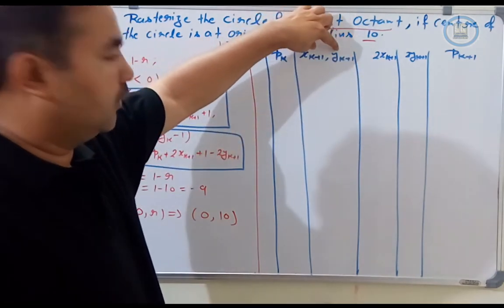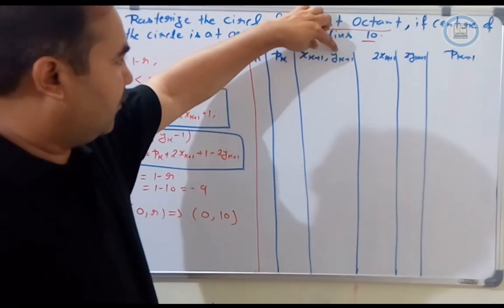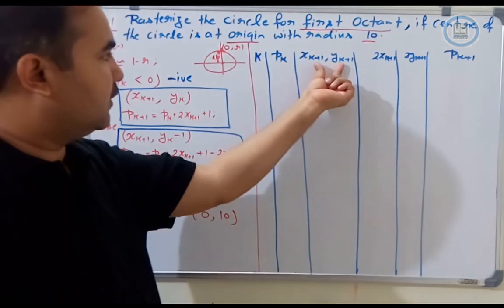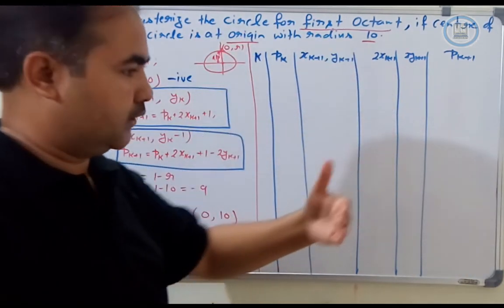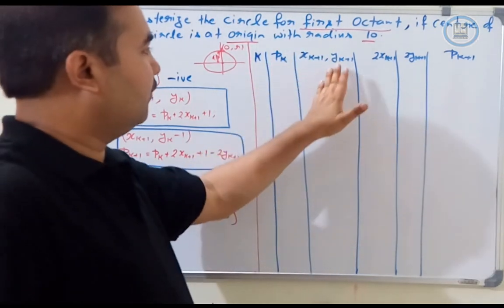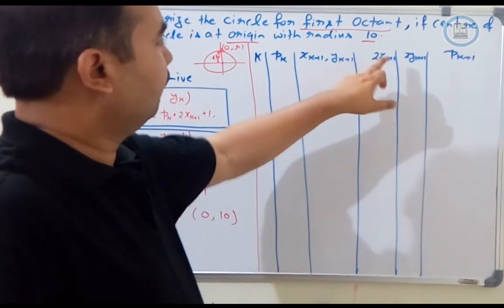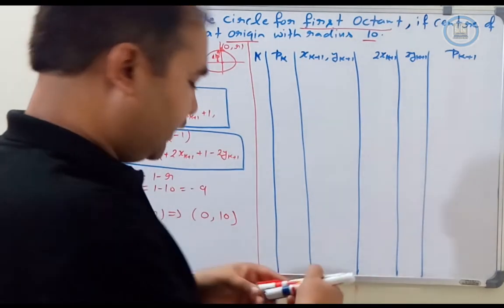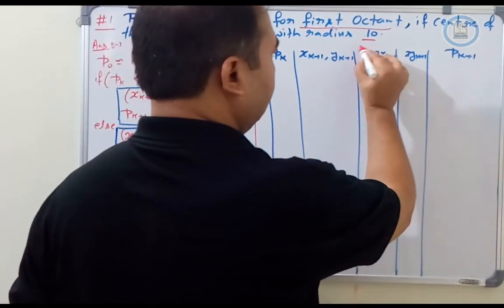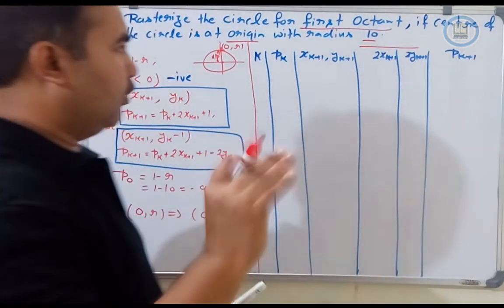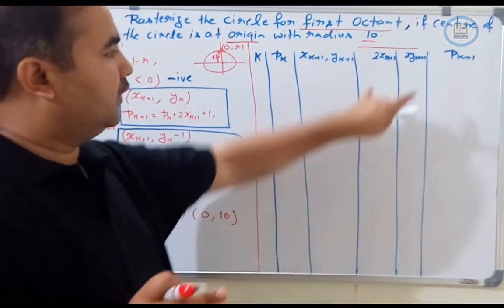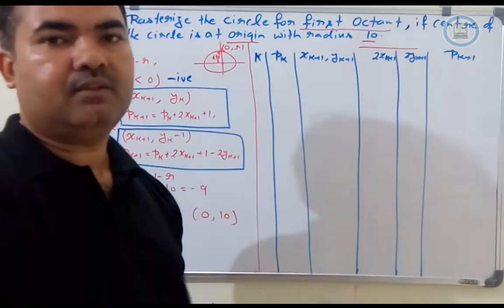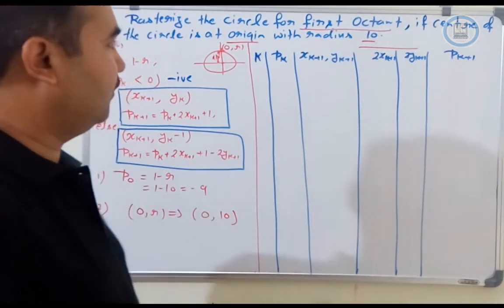This is the pixel we are going to calculate, the successive pixel. yk may be negative, that is possible. Then 2xk+1, 2yk+1 and pk+1. These two columns are optional. If you want to prepare them, you can, otherwise it is not needed. We use these two values only for the calculation of the pk+1 value.